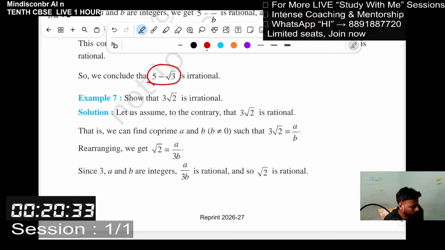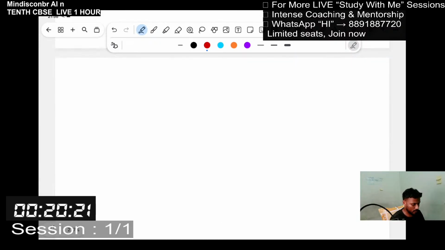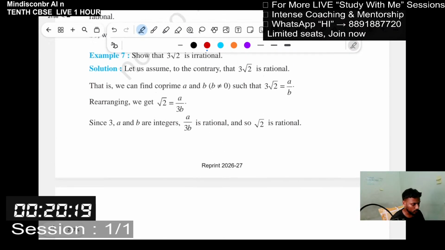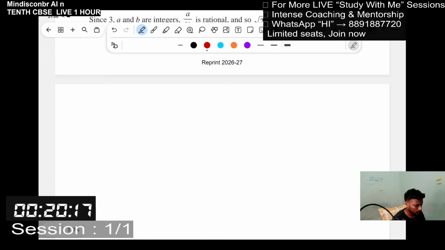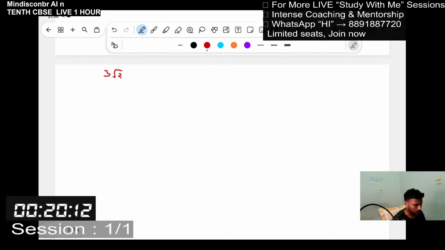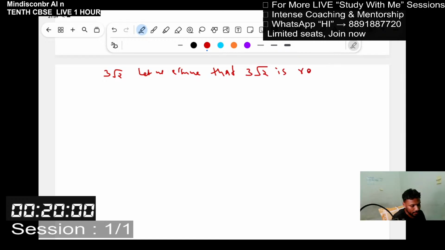So coming to the next question, show that 3 root 2 is irrational. Let us assume that 3 root 2 is rational.